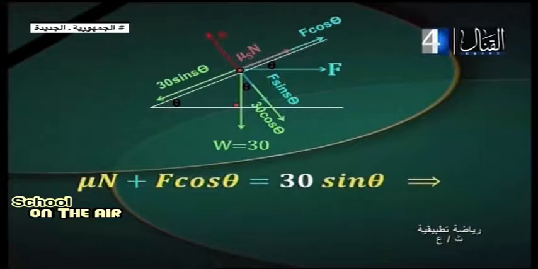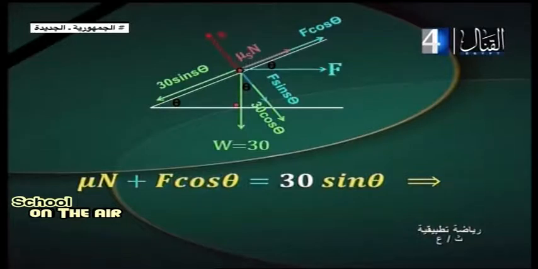Look at this figure, my dear student. The body moves downward to slide. The body's weight is 30 newtons. We resolve the weight into two components, 30 cosine theta and 30 sine theta.